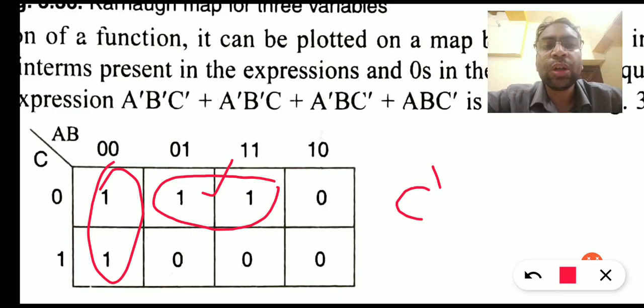In this we have a bar b, and in this we have a b. So here 1 and here 1, the common variable is b. So from this value we have b.